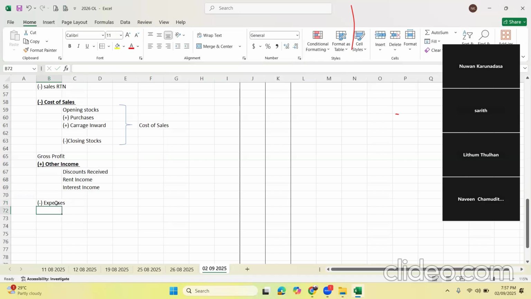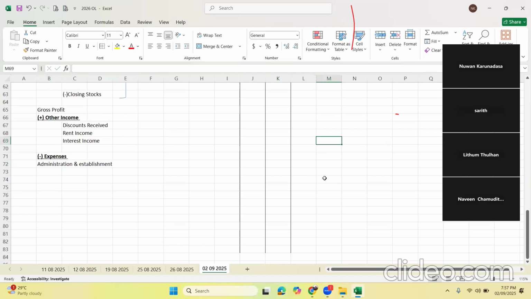Expenses you have classified into three categories. First one, administration and establishment. Right?